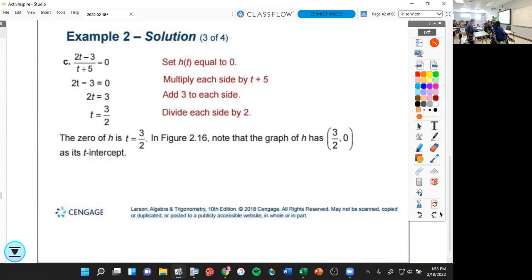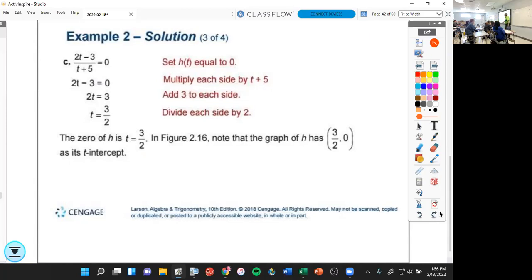If I multiply the left side by t plus 5, the t plus 5 canceled. If I multiply the right side by t plus 5, I have 0 times t plus 5. There you go, it's gone. And then the rest of the steps follow.